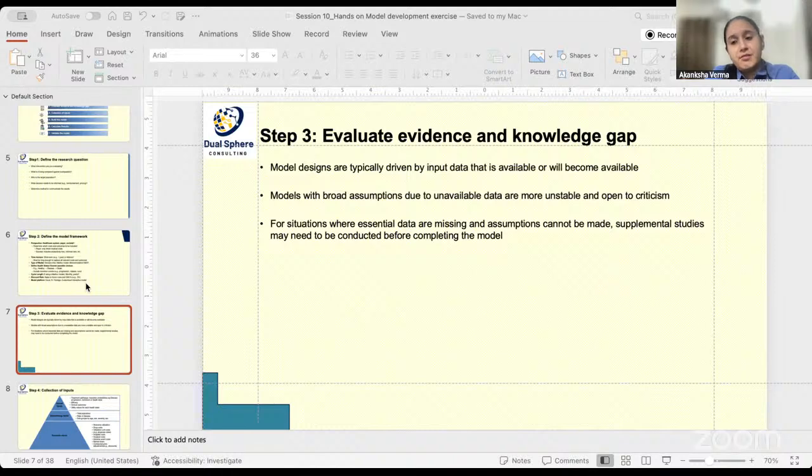What will you do in such a case? Yes, correct. The standard of care, how patients are currently managed, that would be your comparison in that case. Okay.